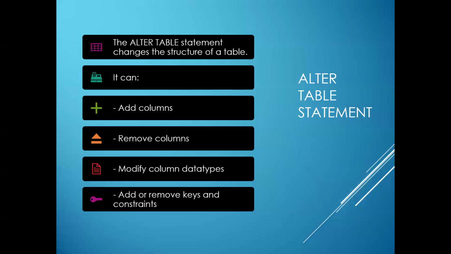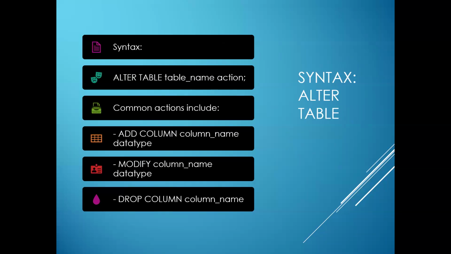The alter table statement changes the structure of a table, because it is the physical structure we are changing, since we are deleting the attributes, or the columns. So it can add columns, remove columns, modify column data types, or add or remove keys and constraints. Okay, that is alter table.